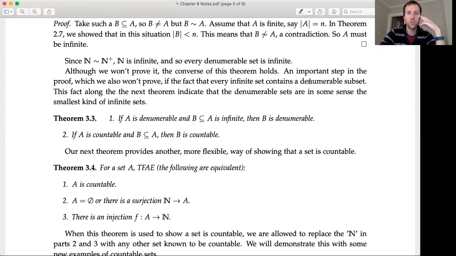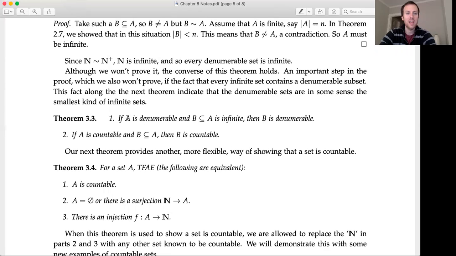So one fact which isn't proved is every infinite set has a denumerable subset. So if you are infinite, you can find a subset which has the same size as the natural numbers.